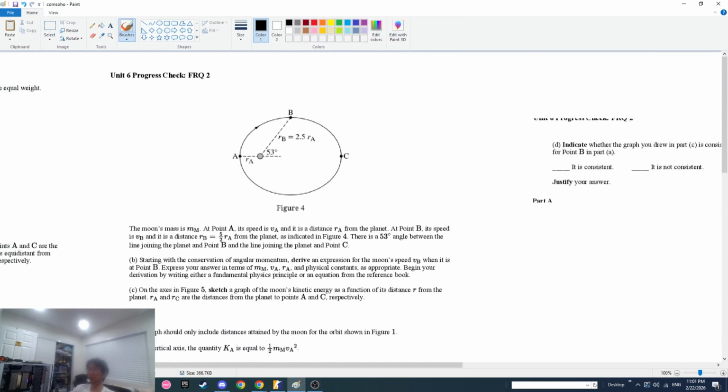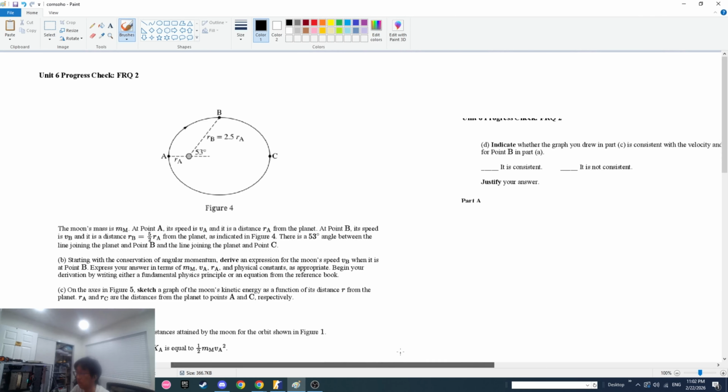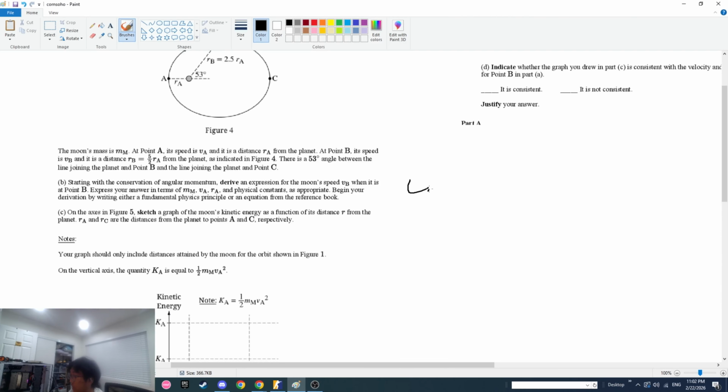So at part B, we have to start with the conservation of angular momentum and derive an expression for the moon's speed VB. So we could start with the angular momentum at A equals L at B, and we could write I_A omega_A equals I_B omega_B.